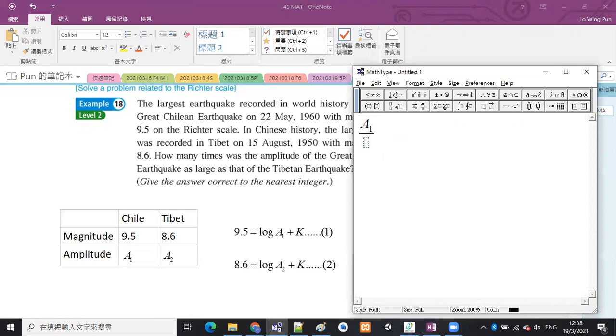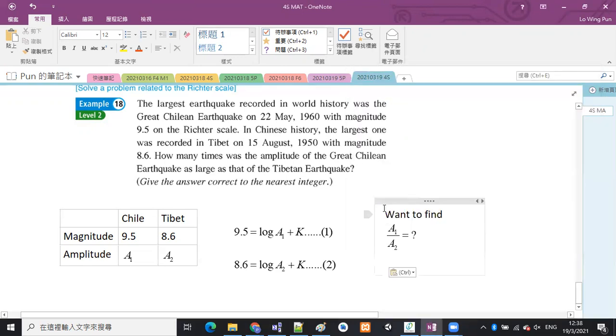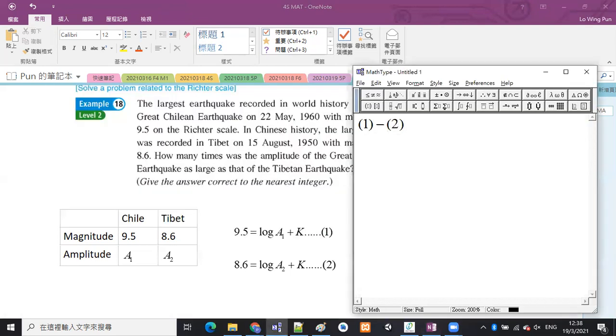A1 over A2。OK，can you get this？好啦，咁我哋而家有一式同埋二式，我哋想揾 A1 over A2，我哋唔想諗到個 K，我哋想消滅嗰個 K。有啲咩方法可以整走個 K？好直接嘅就係一式減二式啦，係嘛？OK，如果你一式減二式嘅話，我哋就可以整走呢個 K。即係 equation 1 minus equation 2，and then the left hand side becomes 9.5 minus 8.6, and then the right hand side we have log A1 minus log A2.